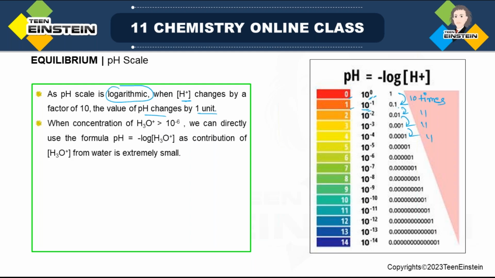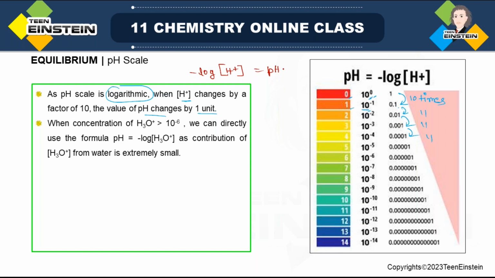Now, one important information that we have to keep in mind, that is important when you will solve any problem. Though it is true that we use the formula for calculation of pH, negative logarithm of H plus concentration, you have to keep in mind when you can directly apply this formula for calculation of pH, and when you cannot use this formula directly.